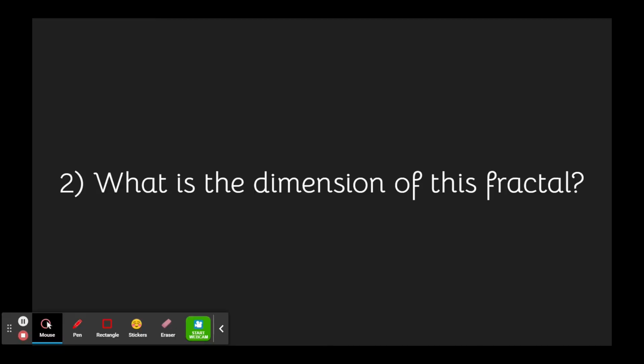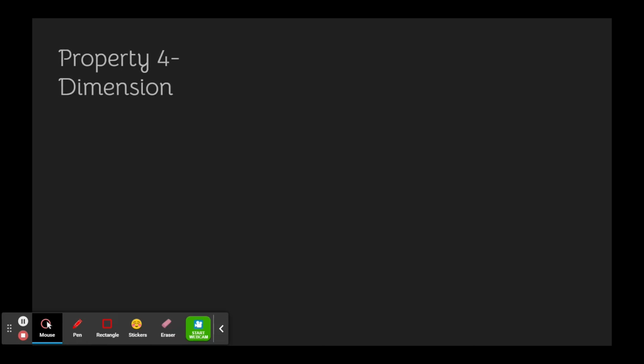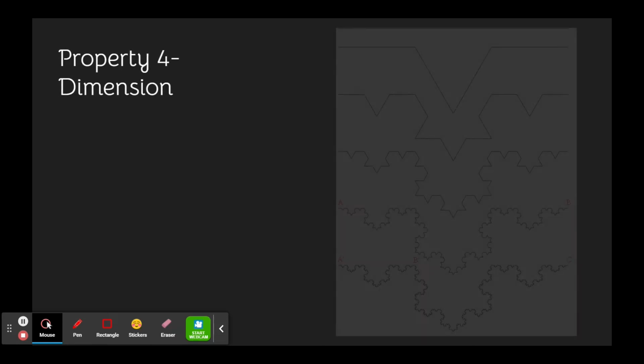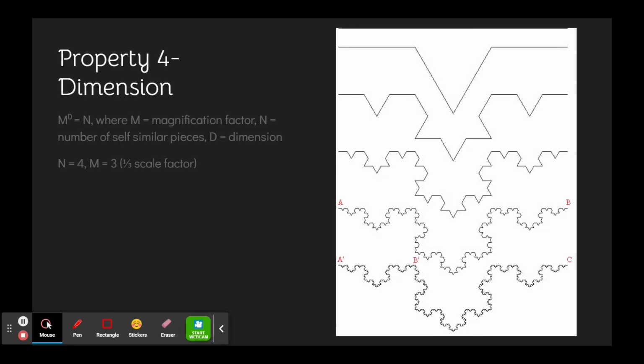Another FAQ is, what is the dimension of this fractal? To find the dimensions of the Koch line, we use the equation m to the power of d equals n, where m is the magnification factor, n is the number of self-similar pieces, and d is the dimension.